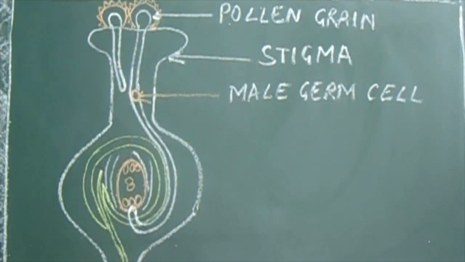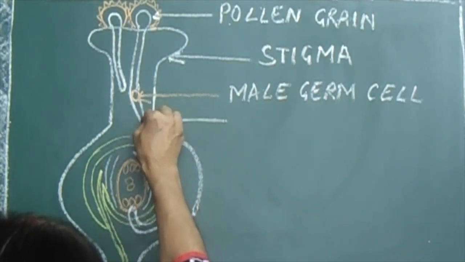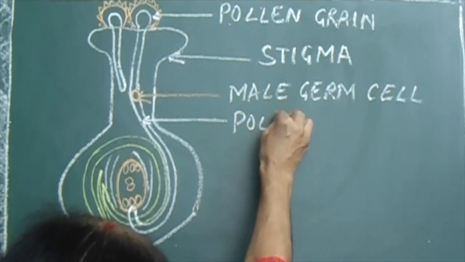Male germ cell. Then what do we call it? Yes, all of you know it is pollen tube.